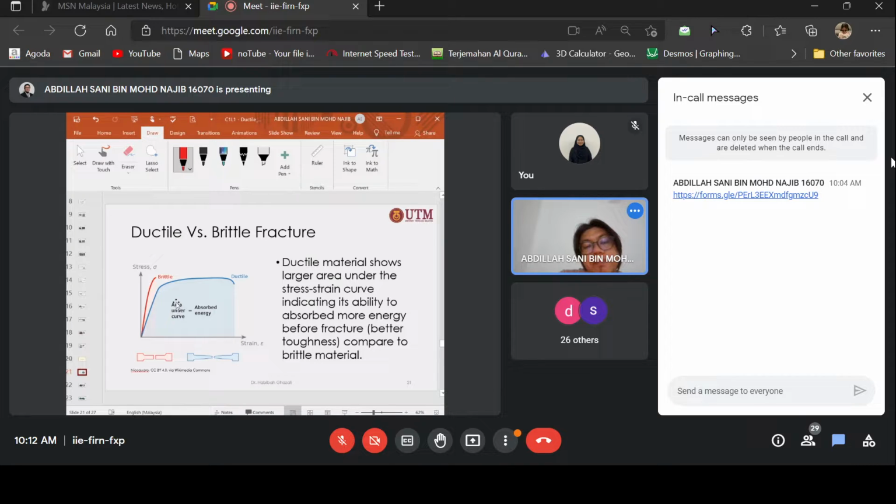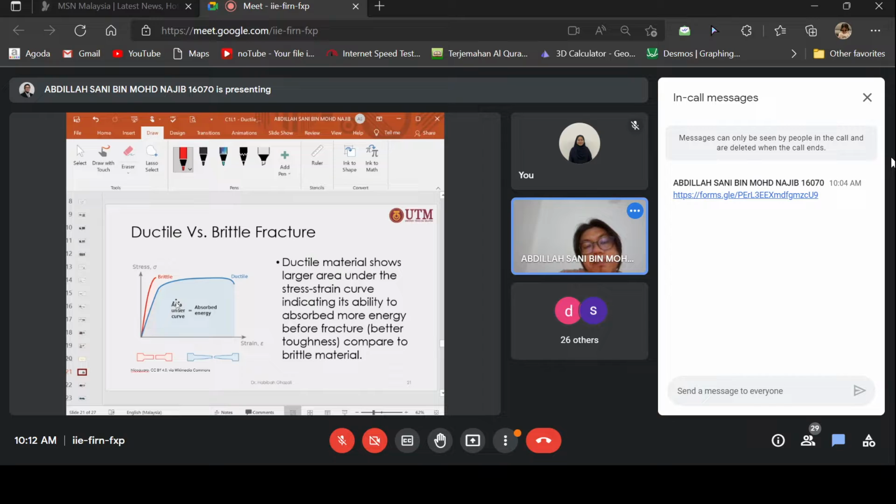Okay, the brittle material will fracture at a very low strain, okay, compared to ductile material, where it will have a very high amount of strain before it would fracture.